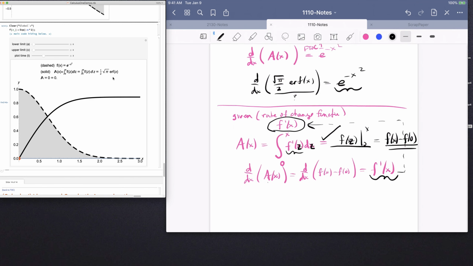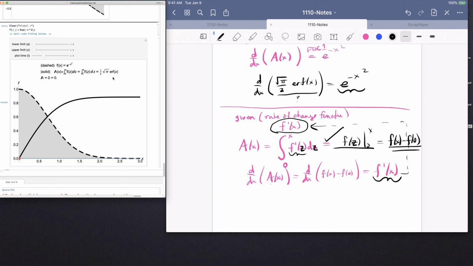Okay. So the point here is that notice that the accumulation function has the units of the function itself without the derivative on it. So as an example here, you might be given f prime of x. The function that you're given might be, let's say, a velocity function, v of t for velocity.